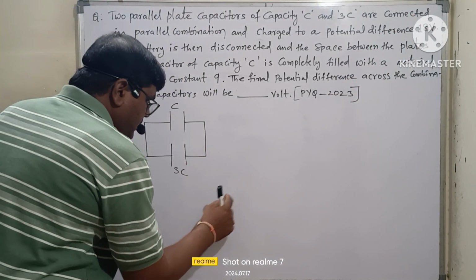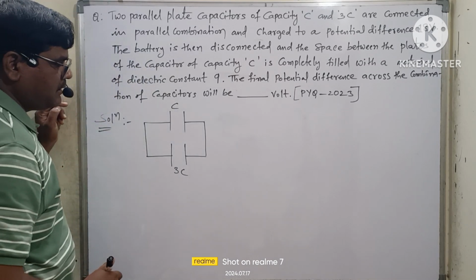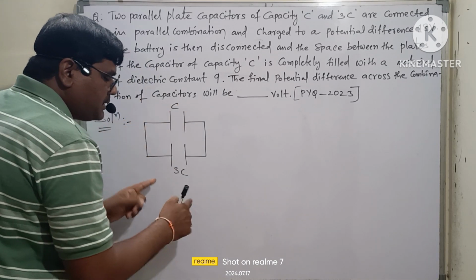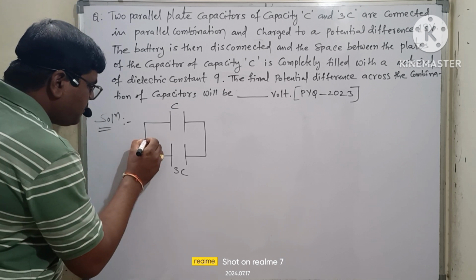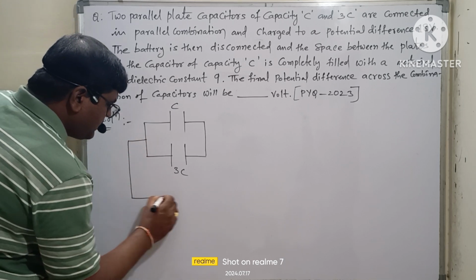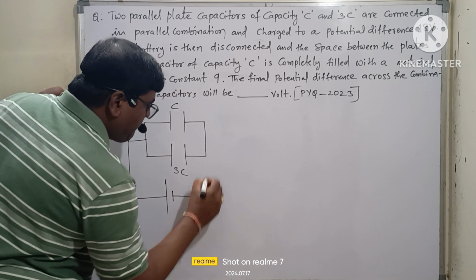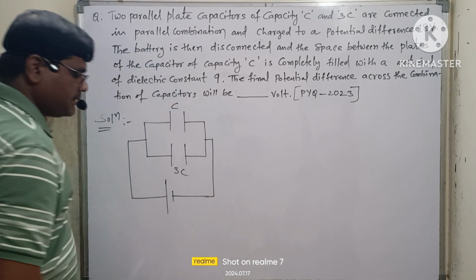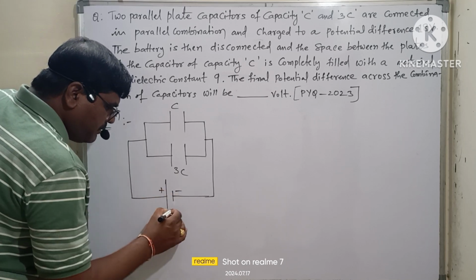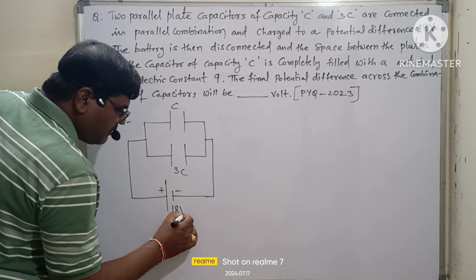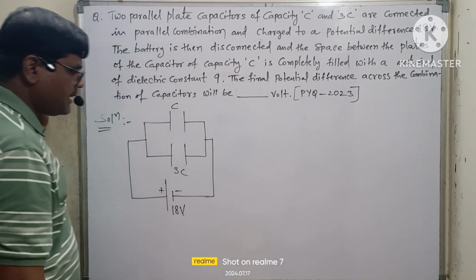When it is connected to the battery, you can see that a battery is connected like this. Positive, negative, voltage is 18 volts.